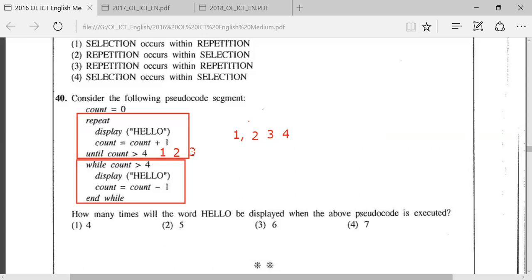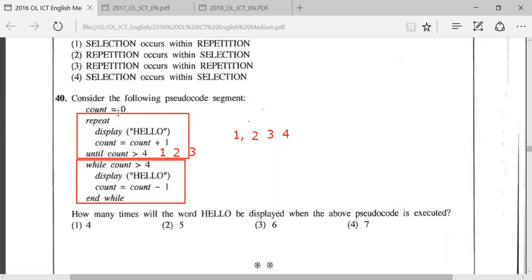Count equals count plus 1, 3 plus 1, 4. 4 greater than 4, it is false. So it will go back and display hello.